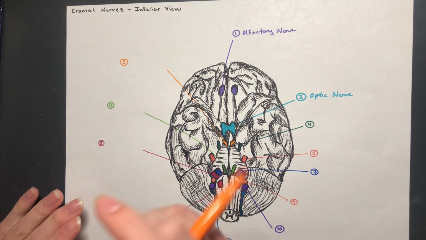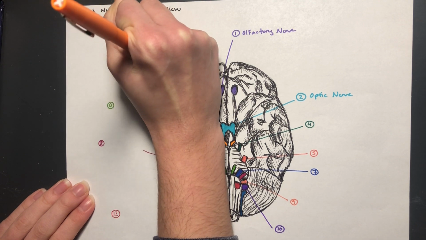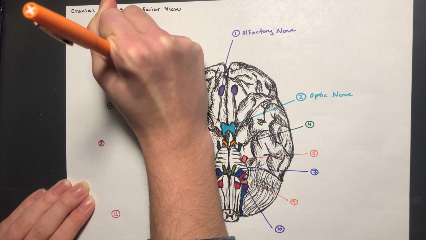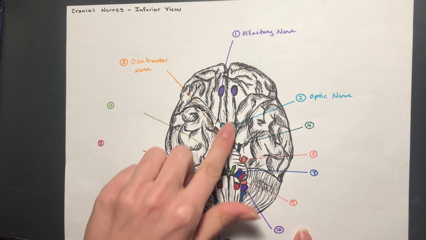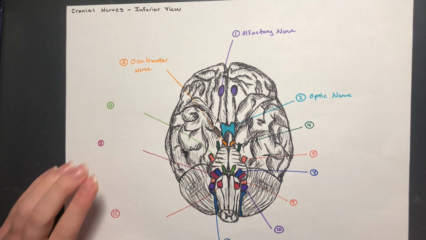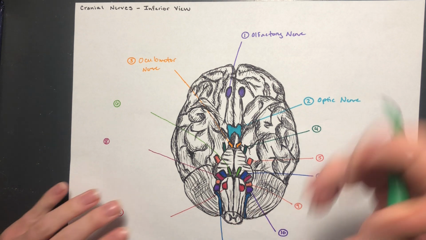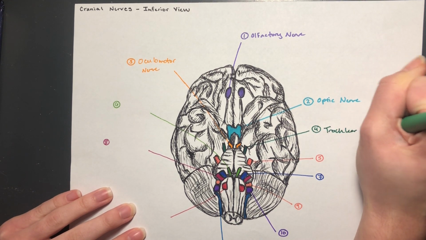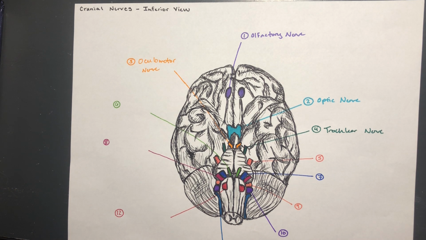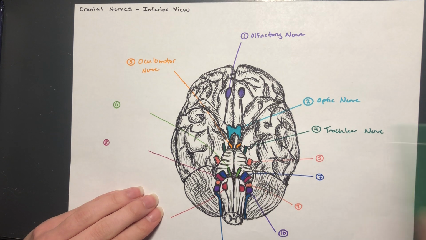Next, we have the oculomotor nerve, which also controls eye movement and is located underneath the optic nerve. Fourth, we have the trochlear nerve, and it is responsible for controlling eye movement as well, specifically to help the lens focus, and that's located right here.